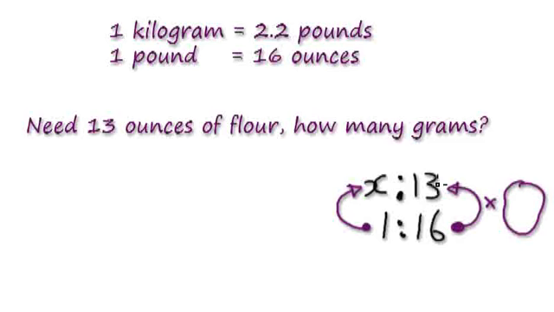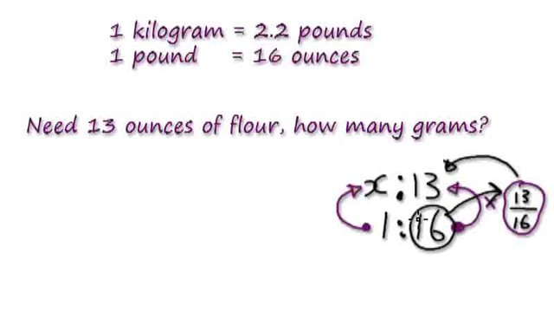Well, the magical multiplier would be the destination, 13, divided by 16. Basically if you get this and then times by this, that will give you 13. This magical multiplier will be the same over here, 13 over 16.